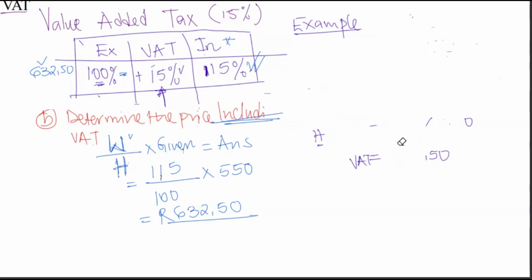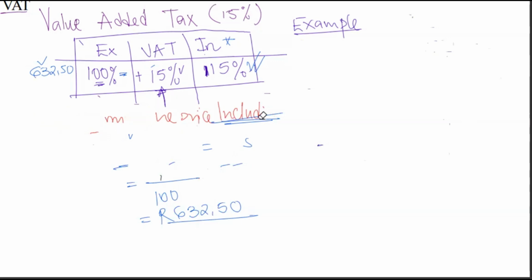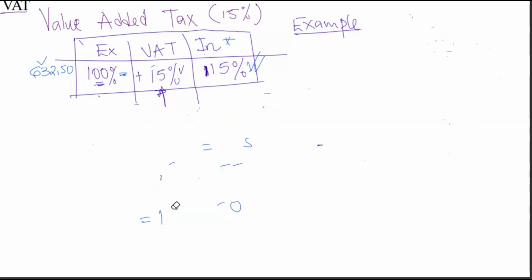In example number 2, we are going to have a price that already includes VAT, and we want to remove the VAT, and also to know how much VAT was added. This is example number 2.